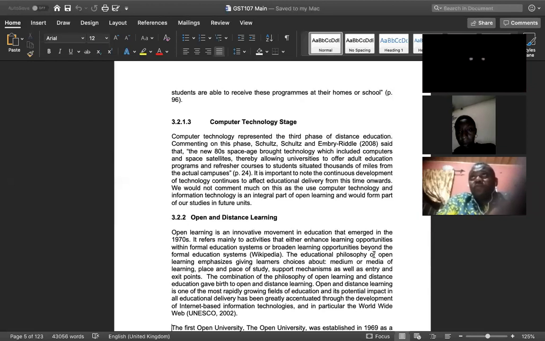It's as wide as that. So when computer came in, that is when we developed the concept of open learning. So you see, the combination of information communication technologies with distance education actually created what is now known as open and distance learning.